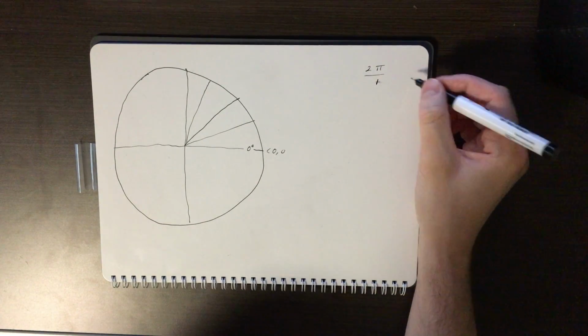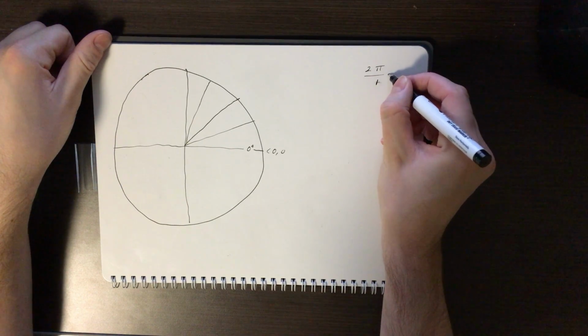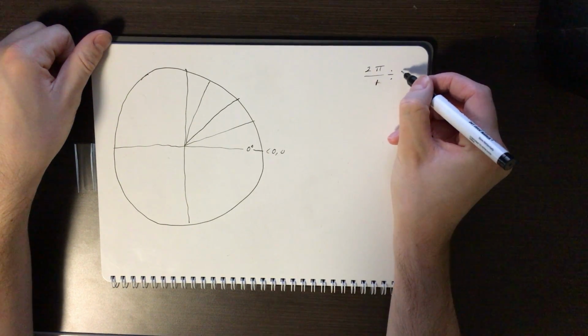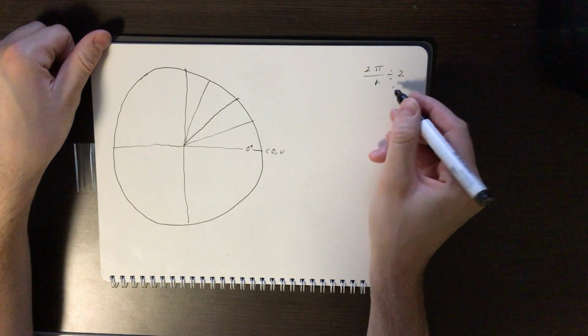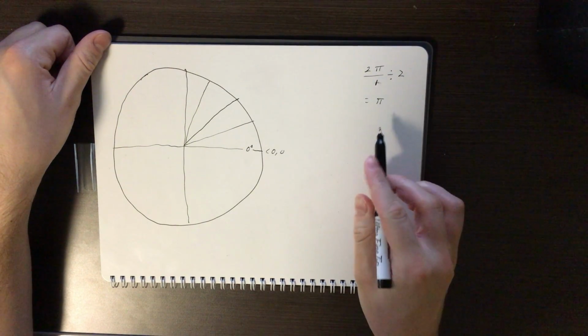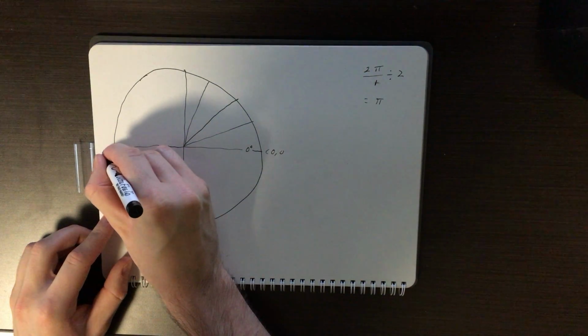When you break that up, you can intuitively think, dividing that by 2, you're going to get just pi. So you can say, over here, we're just going to have pi.